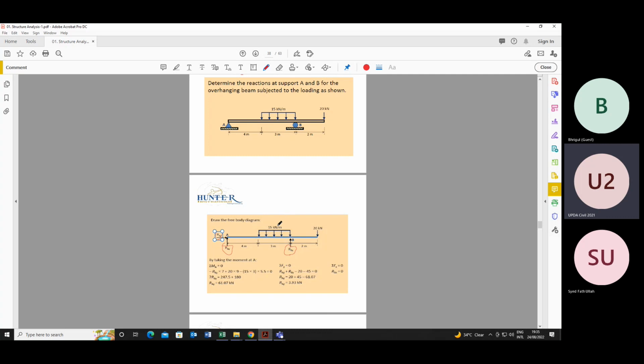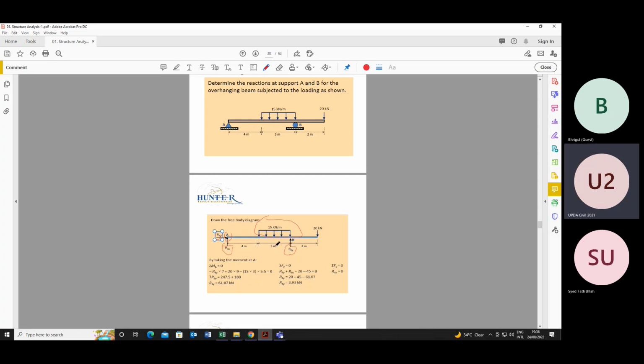So let's use the equations of equilibrium. First, summation MA is equal to 0. So let's take moment at point A equal to 0. If we calculate moment at A, how many forces are acting? There are 1, 2, and 3. About the sign convention, let's start from RBY.